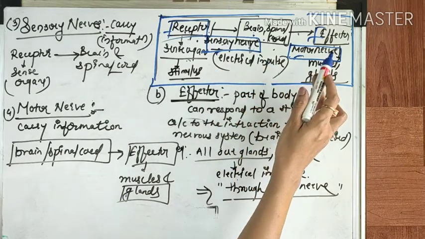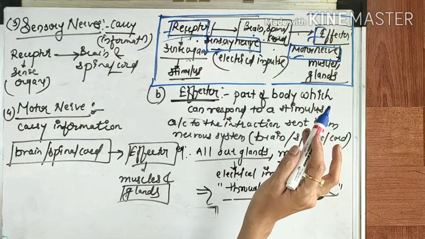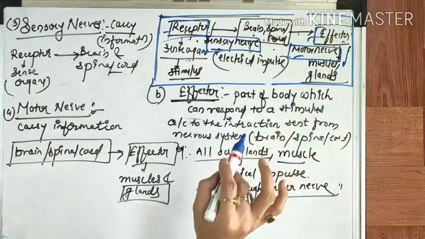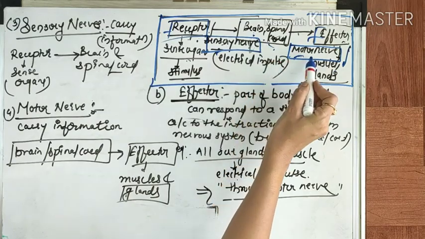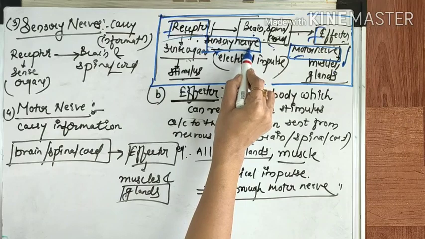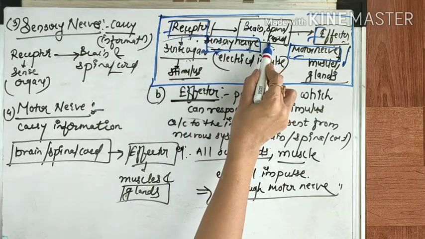Then we studied effectors. Effectors are the muscles and glands which respond to the brain and spinal cord through the motor nerves. Sensory nerves are the nerves which carry the information from the receptor to the brain and spinal cord.